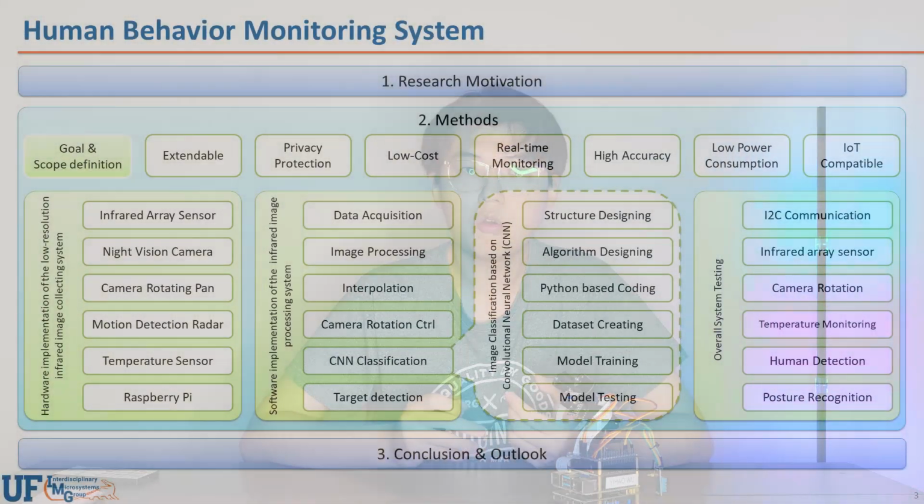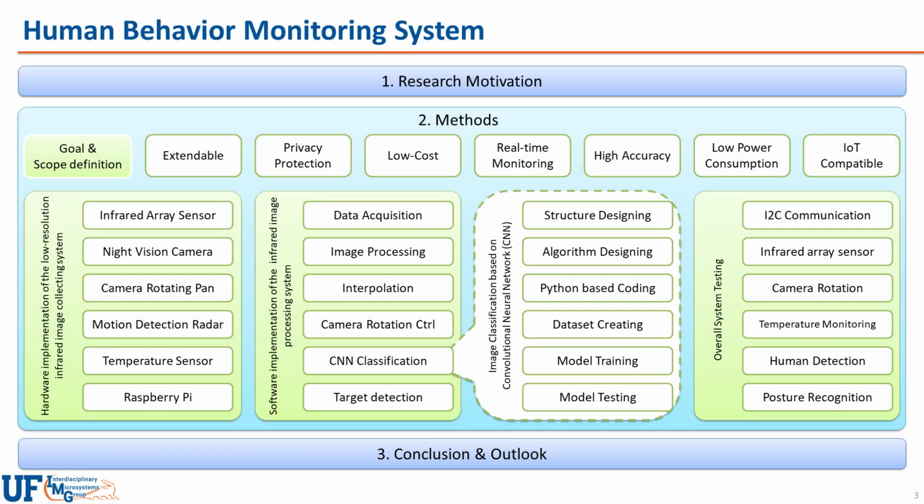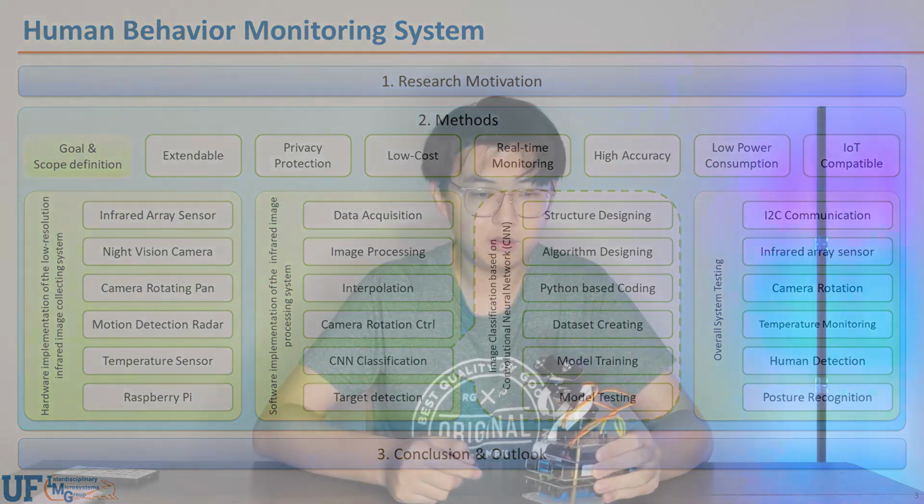For the testing part, we test almost all of the characteristics of this project. First we test the very basic parts, the I2C communication. For example, this infrared sensor communicates with the Raspberry Pi through the I2C bus.